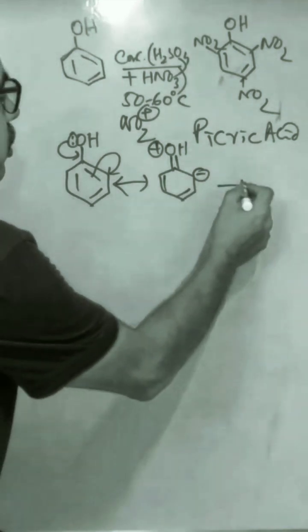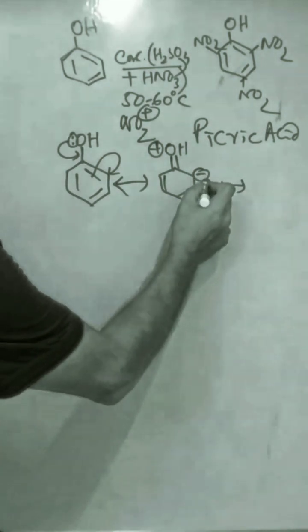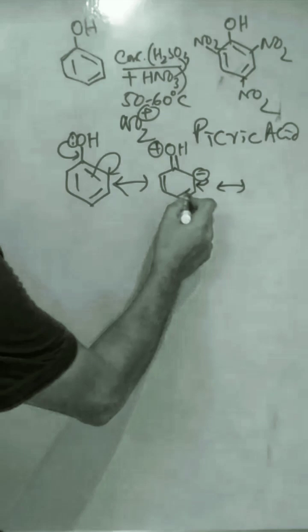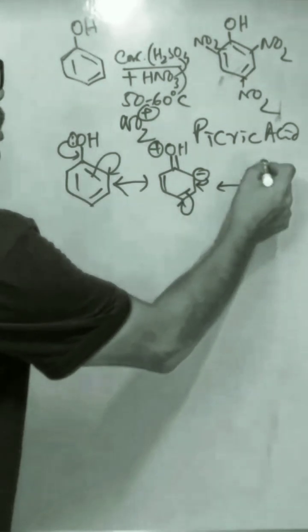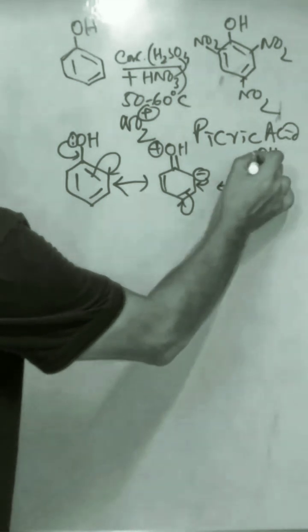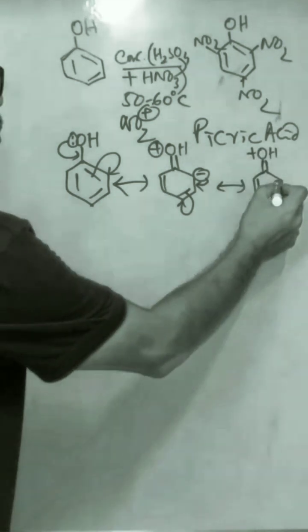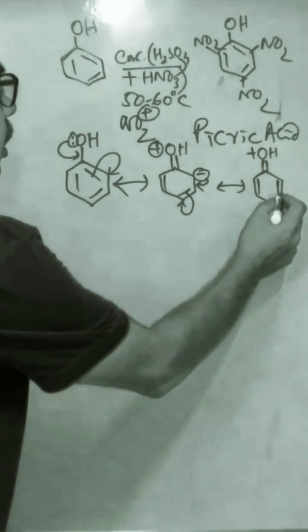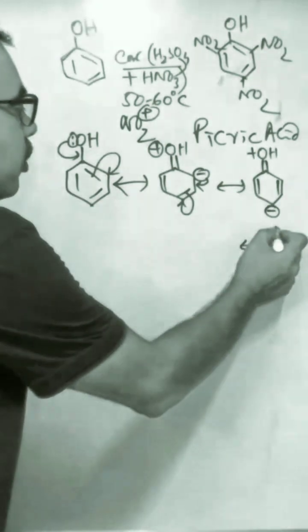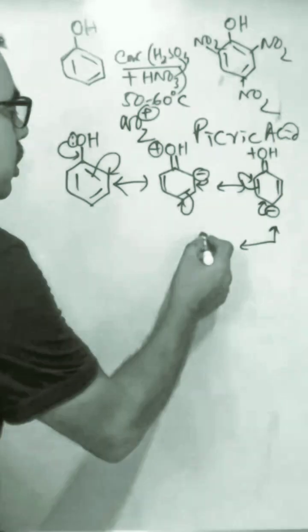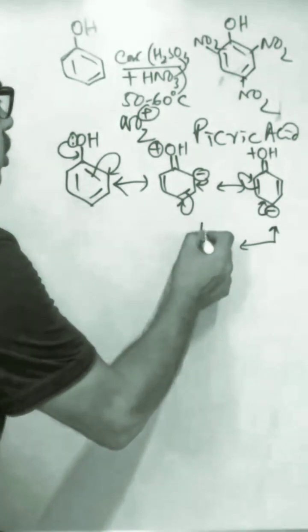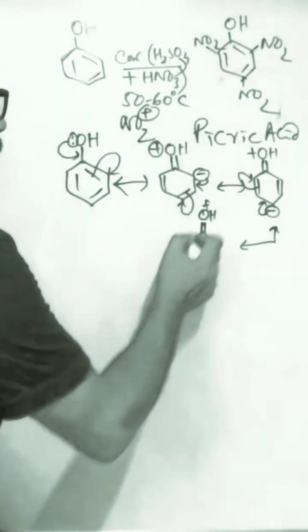In the next resonating structure, this negative charge makes a double bond and the pi bond breaks to form a negative charge on another carbon. Here the double bond remains the same, a double bond is formed and the bond is broken to form a negative charge. This is another resonating structure, and another is formed where this negative charge makes a double bond and this pi bond makes a negative charge. So the next resonating structure is this.